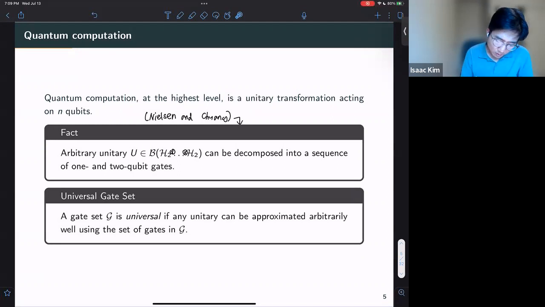And more formally, we say that a gate set G is universal if any unitary transformation over n qubits can be approximated arbitrarily well using this gate set. So for example, if you use a continuous gate set, like the set of single qubit unitaries and the set of 2 qubit unitaries, obviously that will be universal. As long as you believe this fact, you conclude that that set is universal.